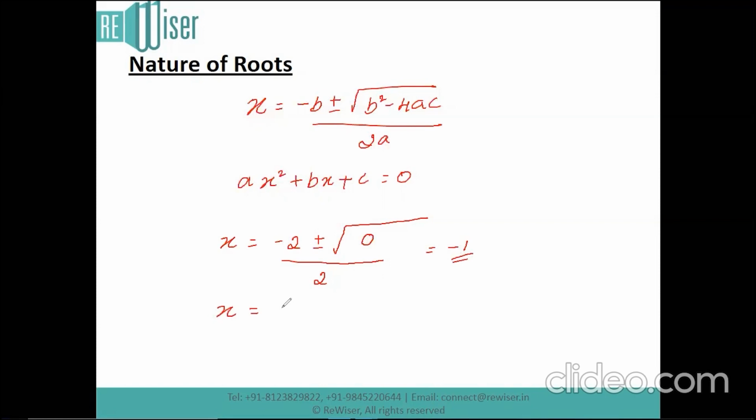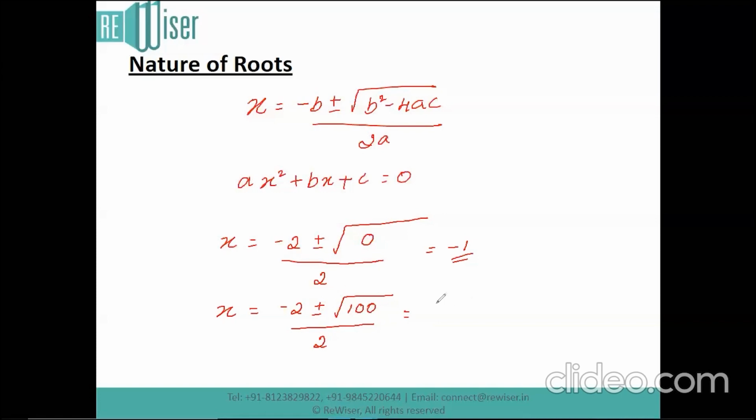Let's say now this time I have something like minus 2 plus or minus root of, instead of 0, I have 100. Let's not worry about what is the exact value of a, b and c. Now if I simplify this, plus or minus root 100 is nothing but positive 10.